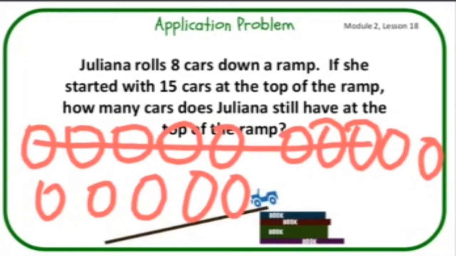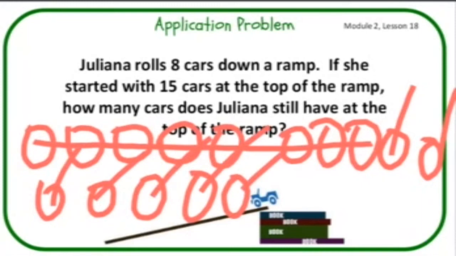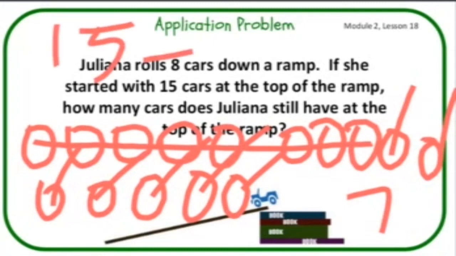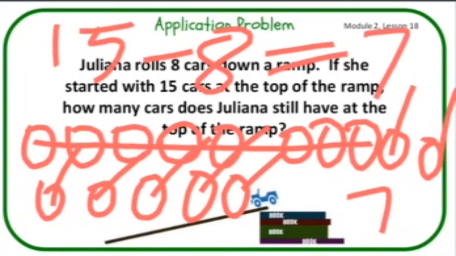How many cars does Juliana still have at the top of the ramp? Let's count. 1, 2, 3, 4, 5, 6, 7. Oh, she has 7 cars at the top of the ramp. 7 is my answer. What's the number sentence? 15 minus 8, I crossed that, equals what's left? 7.